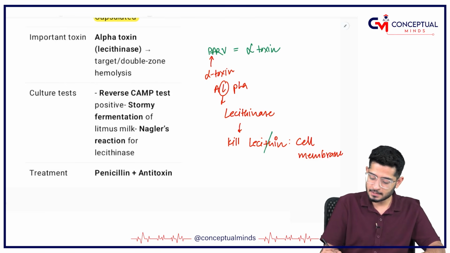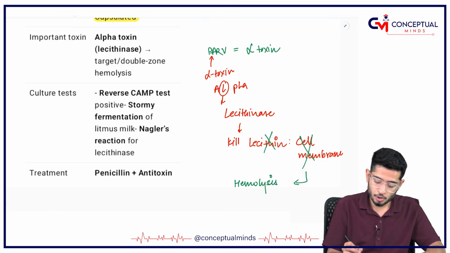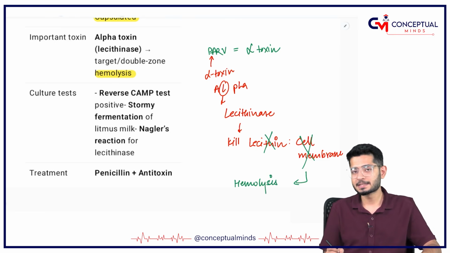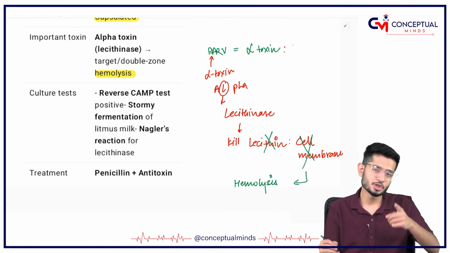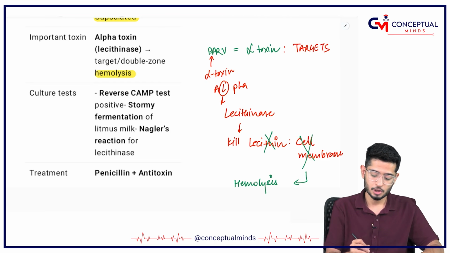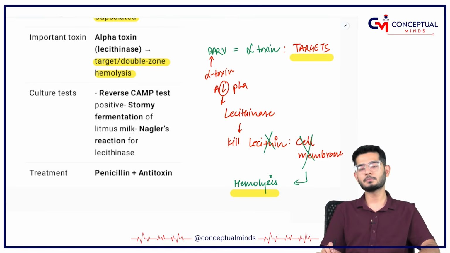So if the lecithin is killed, the cell membrane is killed, that leads to what? Hemolysis. Okay. So it leads to hemolysis. But why I call myself as an alpha male, alpha teacher? Because I will make sure that you reach your targets, my dear friends. So the hemolysis which is happening is a target or a double zone hemolysis which is happening because of Clostridium perfringens.